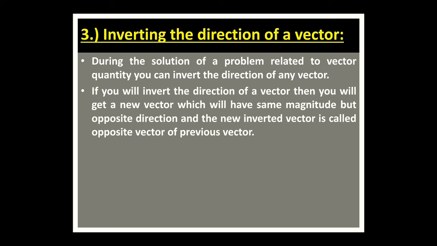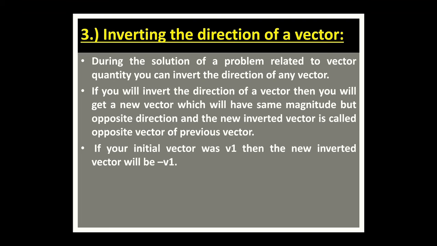The new inverted vector is called the opposite vector of the previous one and is represented with a negative sign. If your initial vector was v1, then the new inverted vector will be minus v1.